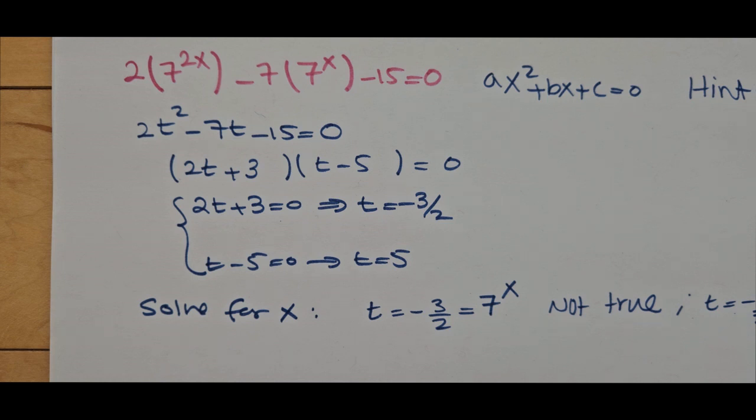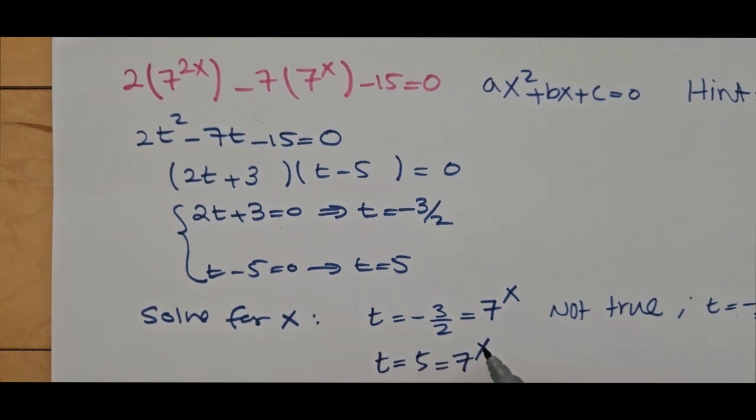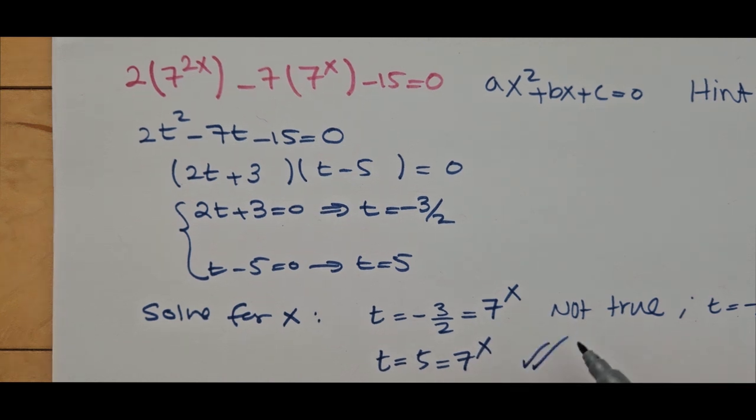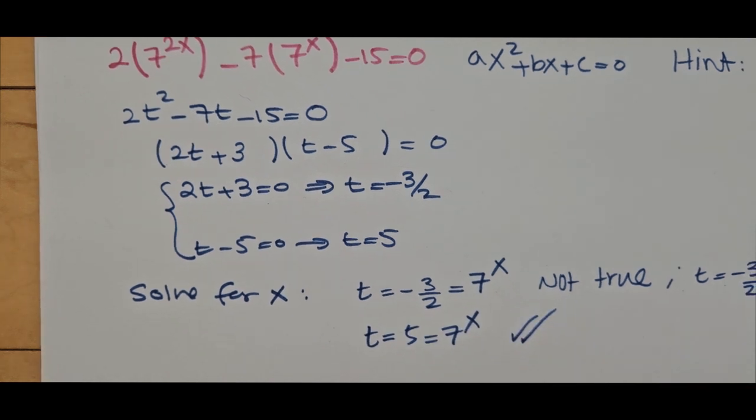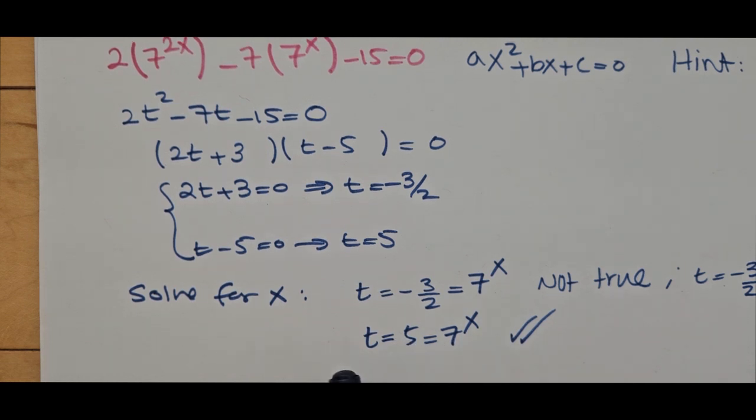Now what about the other one? Here your other answer, t is equal to 5, so 5 is equal to 7 to the power x. That's a correct answer. You will see later how you can solve for this one, but this is a correct answer. From here, you can get the correct answer.